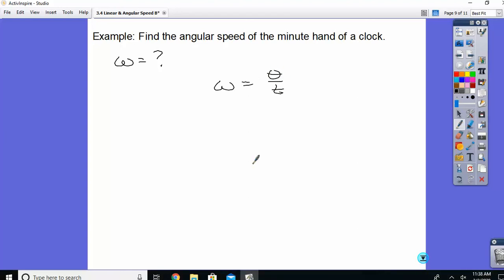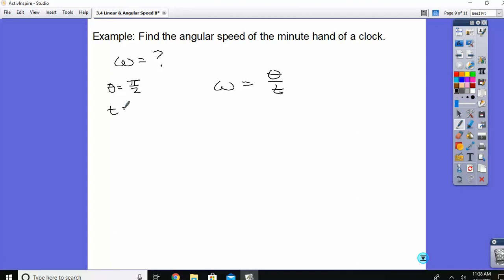What we have to do is pick a theta and a t that go together. In other words, I could do this problem one way, and you might pick a different theta and t and be okay. So pick a nice angle. If you're thinking about the minute hand of the clock, what would be a nice angle? 90 degrees. That would be what in radians? Pi over 2.